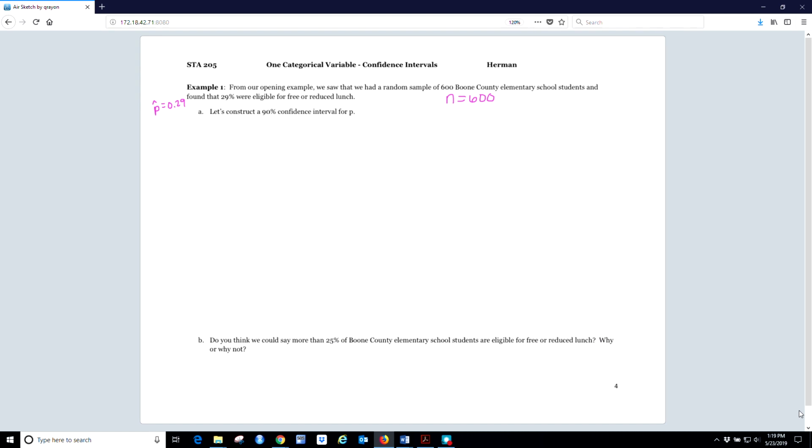So my first step is to define my parameter in words. So P is going to be our population proportion of Boone County elementary students who are eligible for free or reduced lunch.